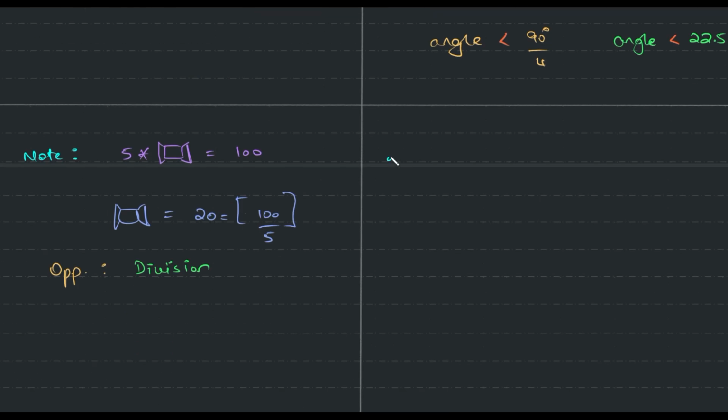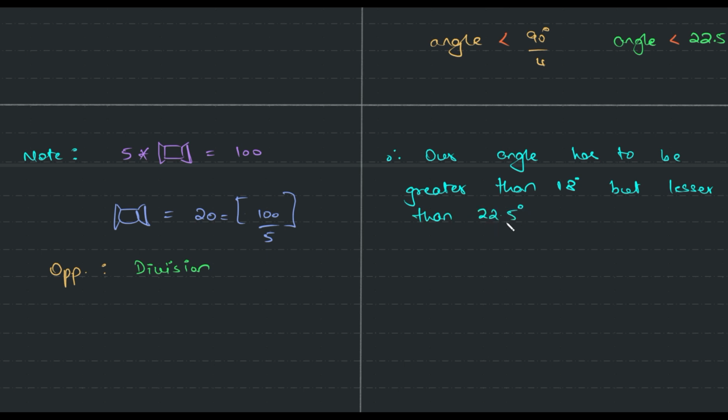So finally, therefore, our angle has to be greater than 18 degree but lesser than 22.5 degree. I don't know if you guys will understand this or not, but in time we'll understand decimal.